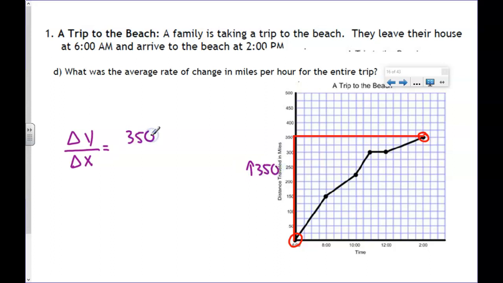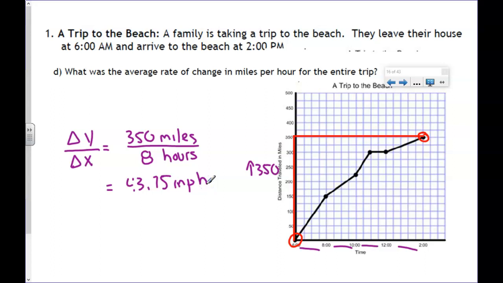So I've traveled 350 miles, and it looks like we have gone 2, 4, 6, 8 hours. So if I were to look at this, it appears that we have traveled 43.75 miles per hour. That was our speed.